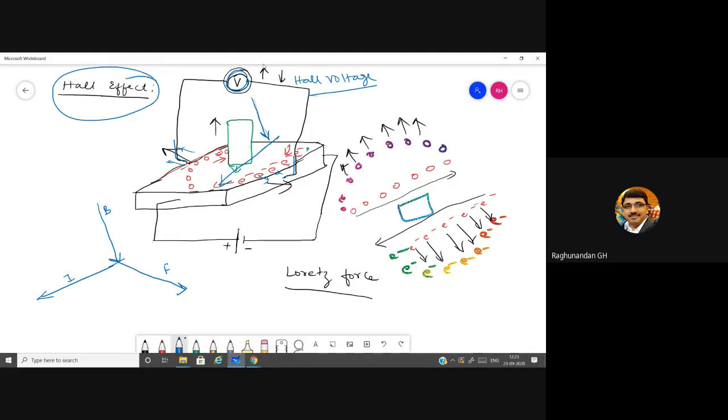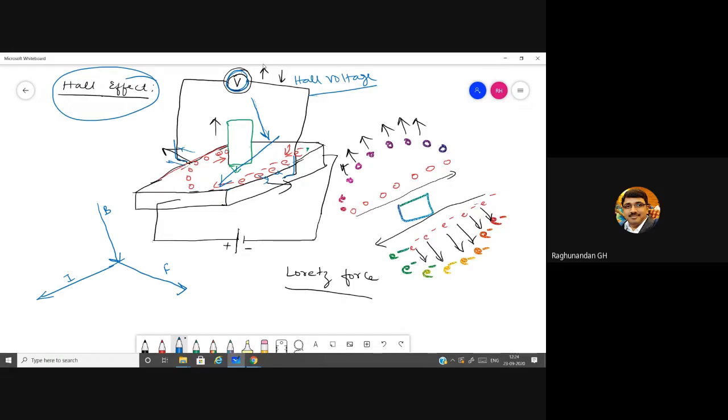We can define the Hall effect as the production of a voltage difference across an electrical conductor or semiconductor because of the electric current and an applied magnetic field which are perpendicular to each other. I'll repeat it again.